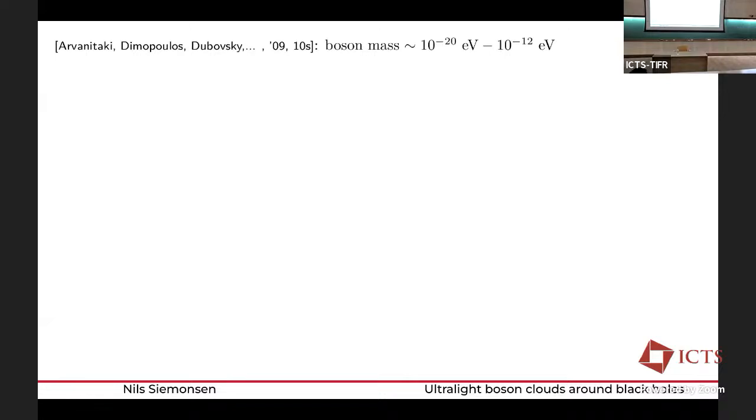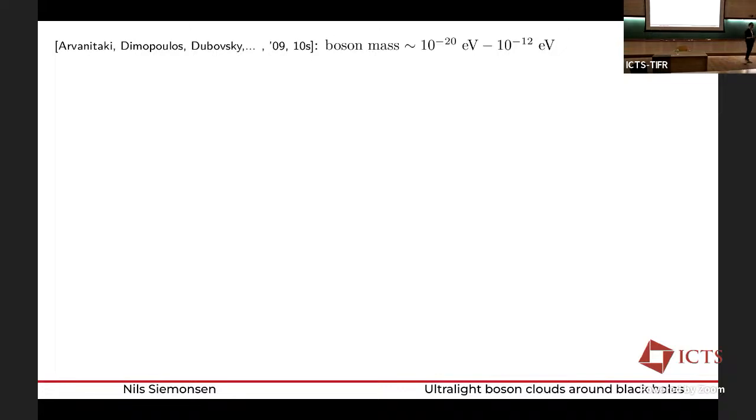And then in the 2010s and early 2020s, people started realizing, okay, we have this strange process through which massive scalar fields can extract energy from a rotating black hole, but how is that astrophysically relevant in any sort of way? The key insight there is to notice that in particle physics, people have predicted particles to exist that have a mass.